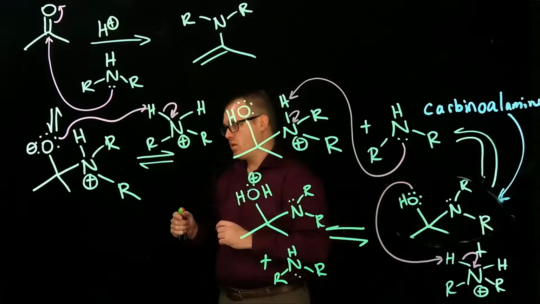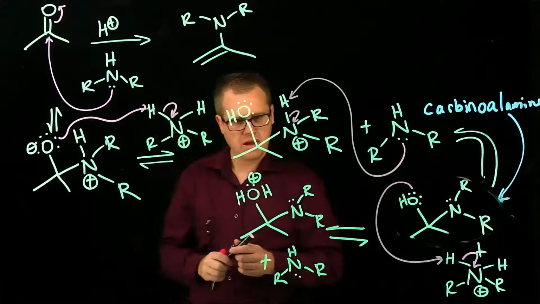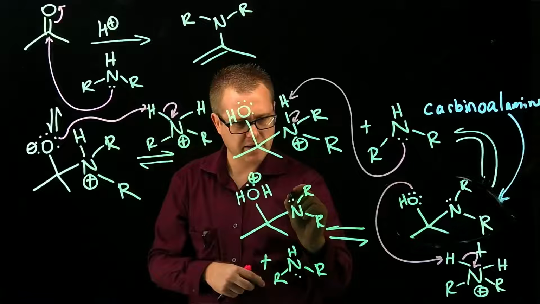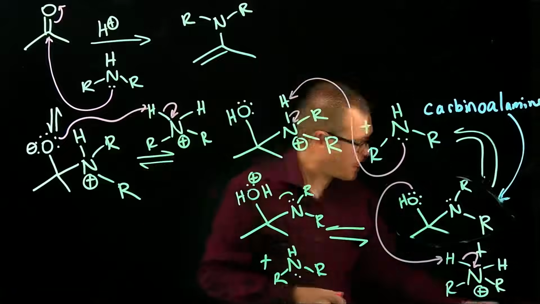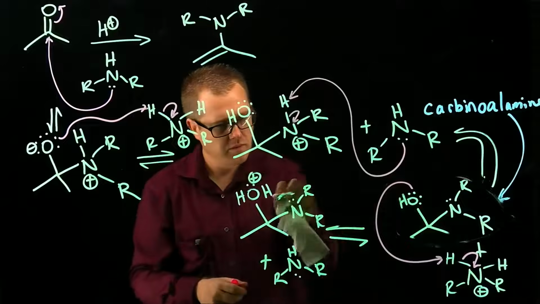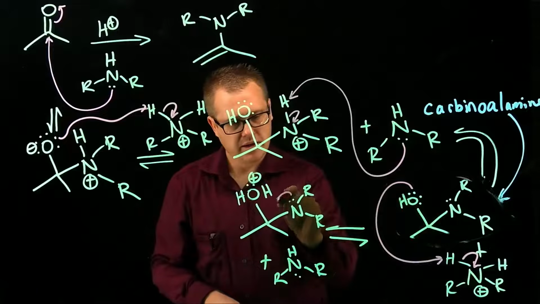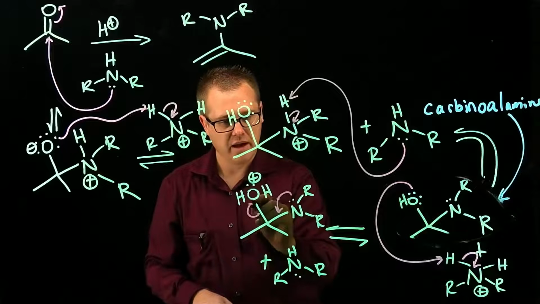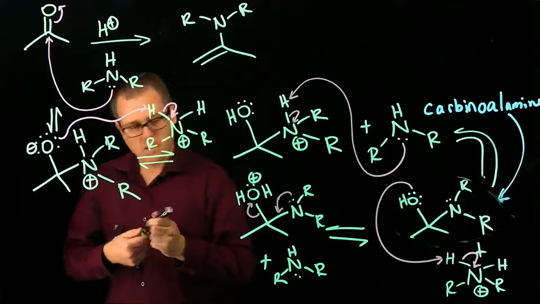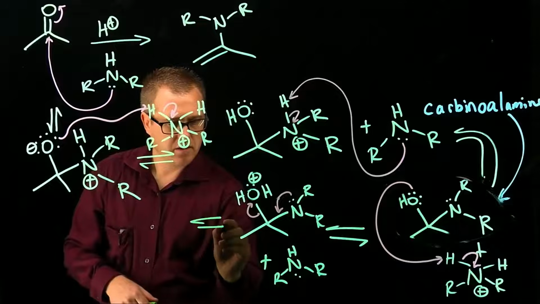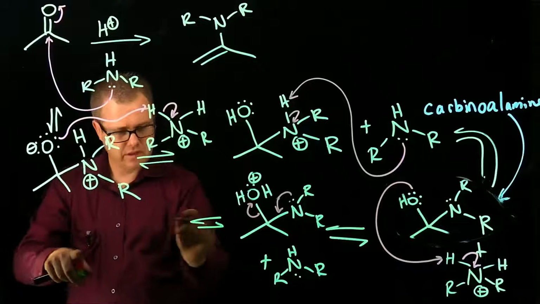So water is now going to leave. How's the water going to leave? Well, these lone pairs can come in. Let's use the same color here. So these lone pairs can help kick off the water. And let's see, that's going to come down here.